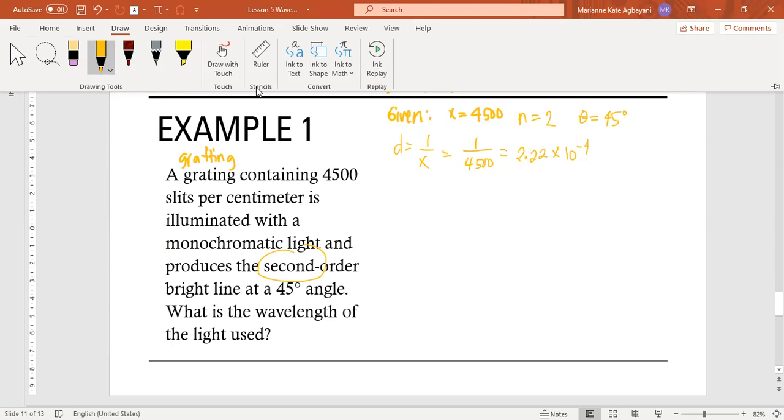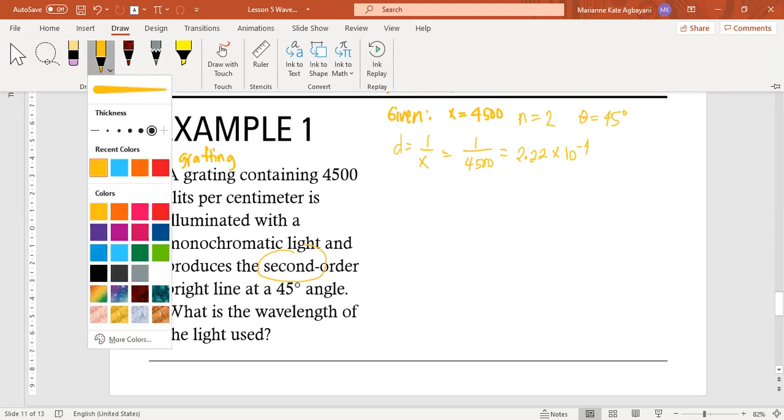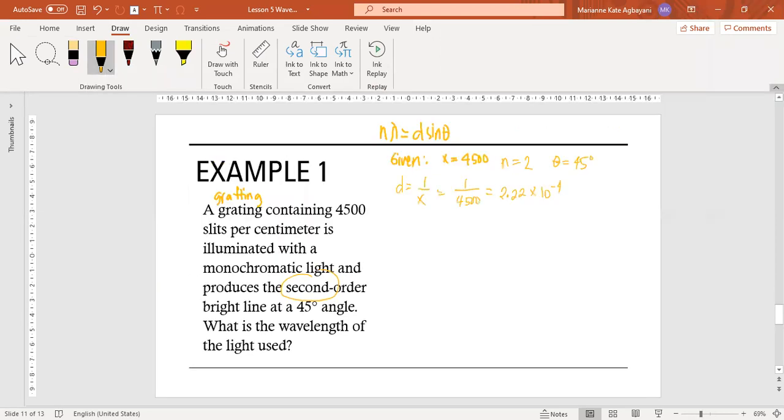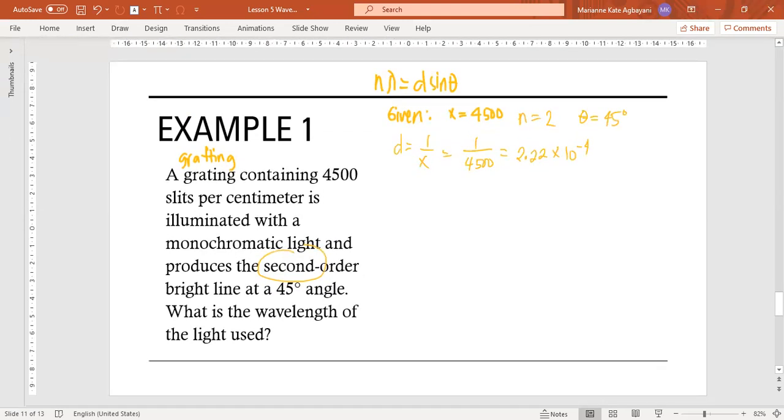Now let's proceed with our solution. We have d equals 1 over x equals 1 over 4,500, approximately 2.22 times 10 to the negative 4. Now we can substitute into the formula.